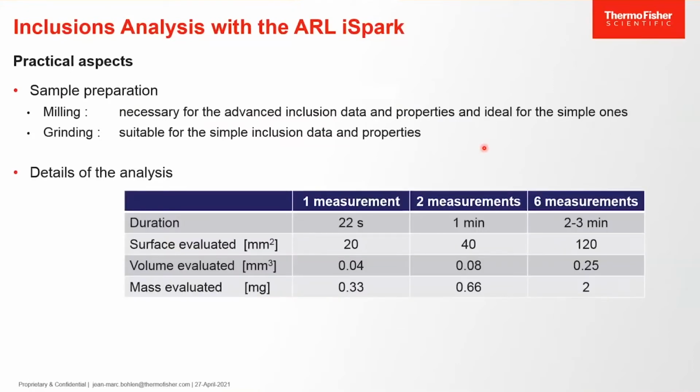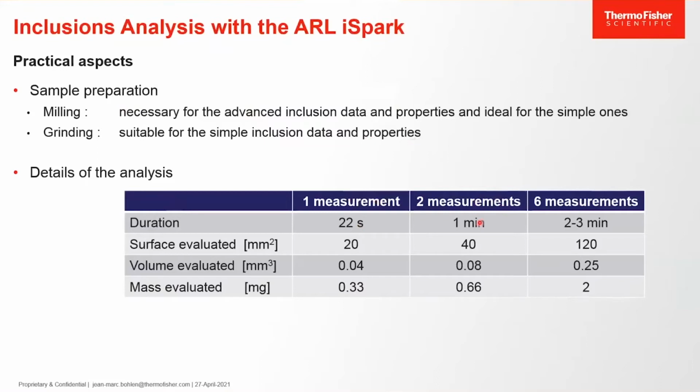Some details of the analysis. In this table, I put the duration for one measurement analysis, two measurement analysis, and six measurement analysis. You can see for one, how we call run, 22 seconds allow you to get the concentrations and the inclusion results.